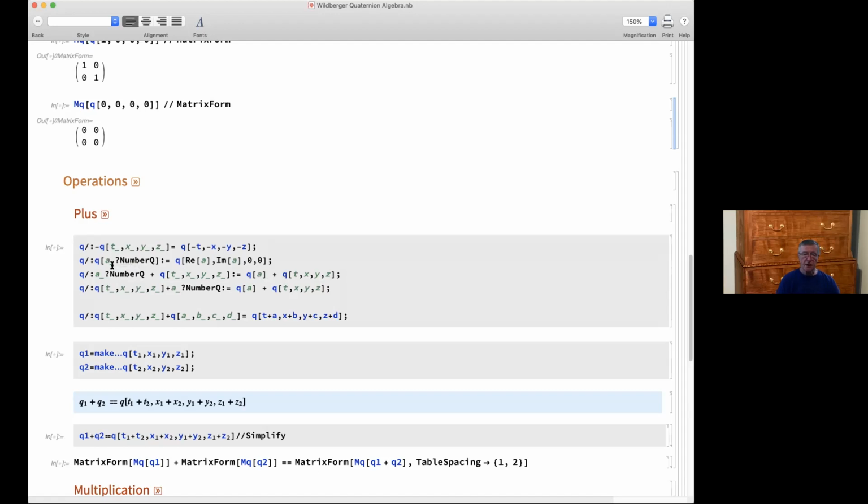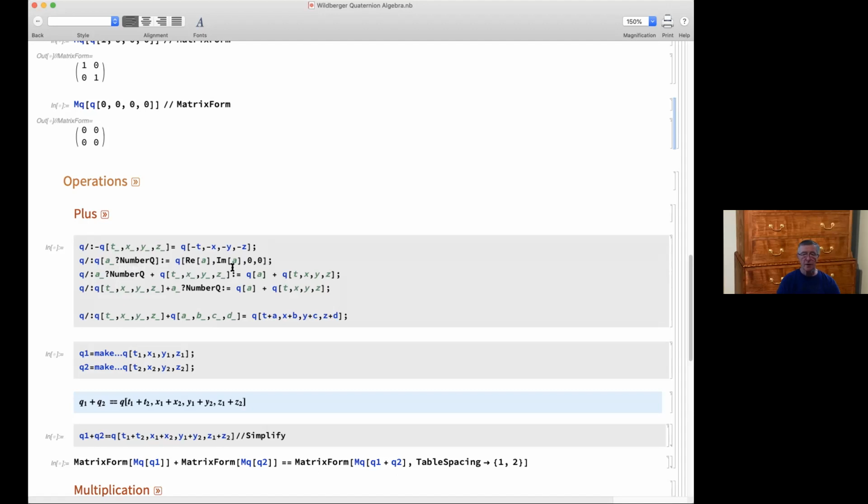I use the question mark number Q because the number A could be a real number or it could be a complex number. And as it turns out, when I'm using symbolics and number arithmetic, I need to get Mathematica to register that the symbolics aren't some other form of complex number, because I'm treating them all as real numbers, and then the complex just comes out of the quaternion definition.